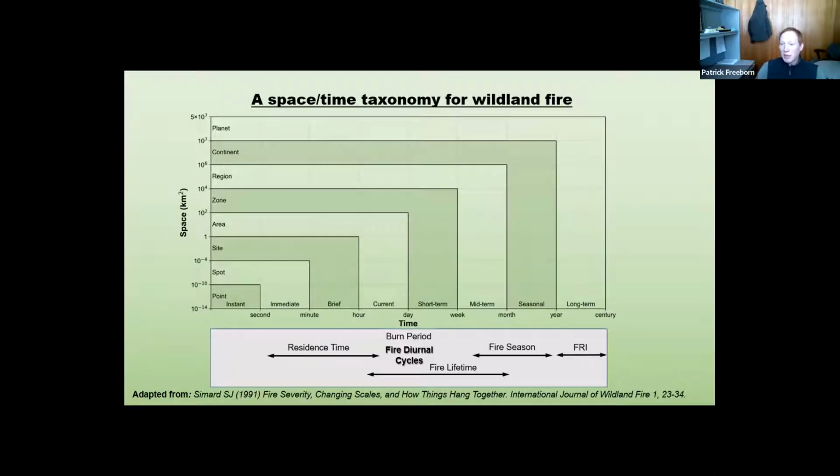Fire lifetimes can range from hours if they're quickly initial attacked, all the way up to weeks and months. The fire season, depending on the climate and the fire regime, can range from weeks to months. And then beyond the fire season, we have fire return intervals, which can range from years to decades or even longer.